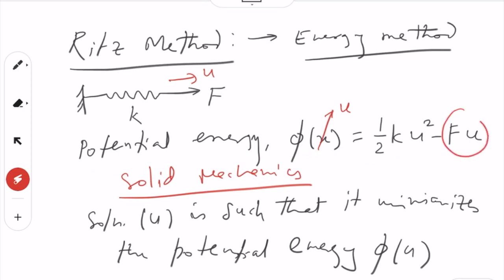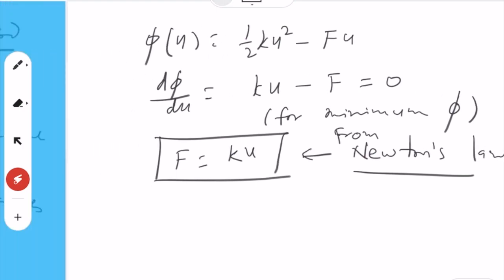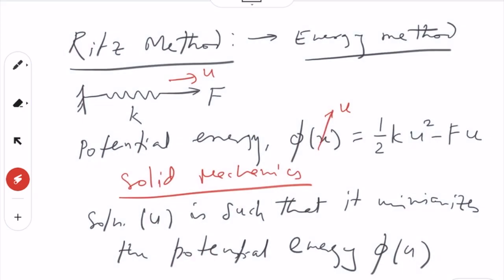Work done is F times u, force multiplied by displacement, and strain energy means the energy stored in the spring. This potential energy expression comes from thermodynamics.